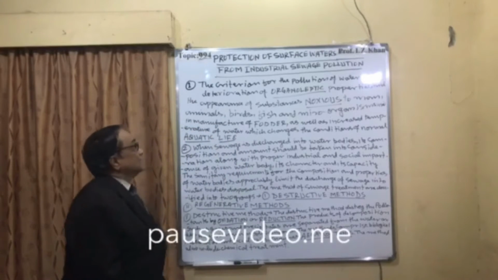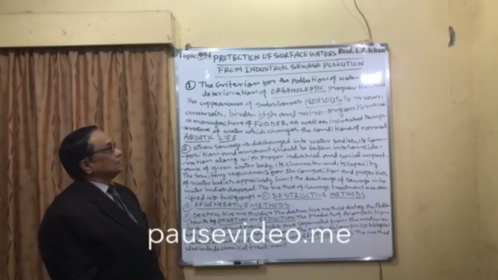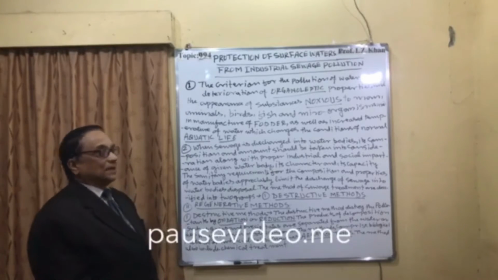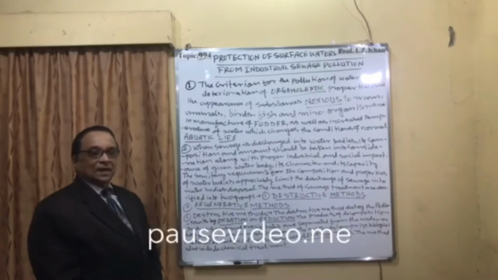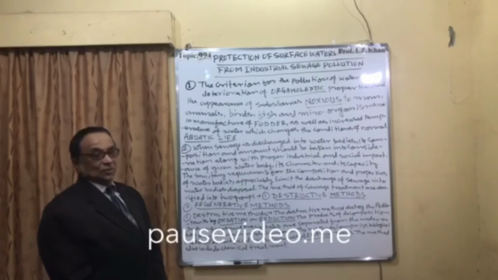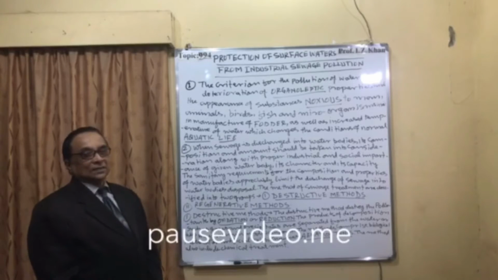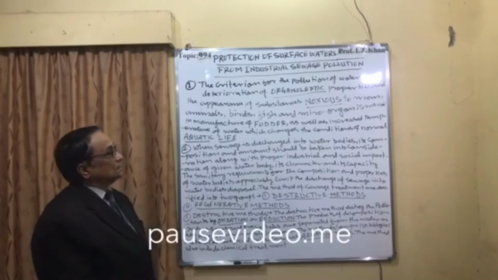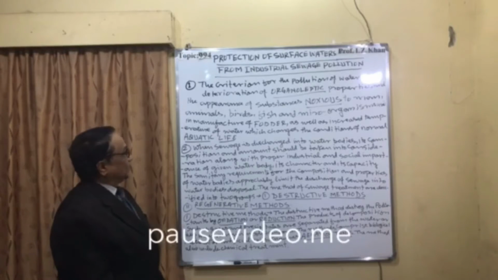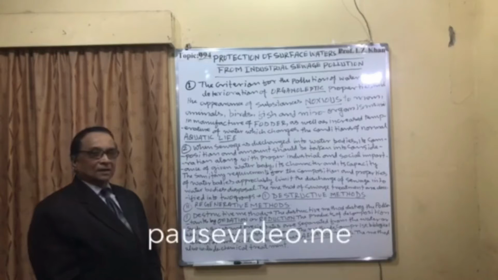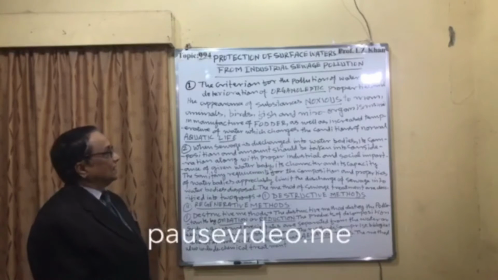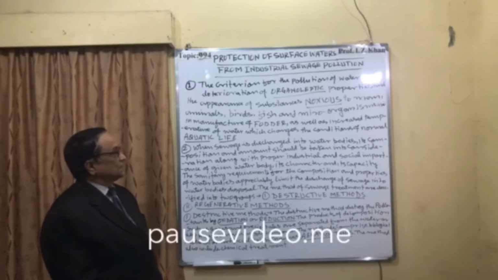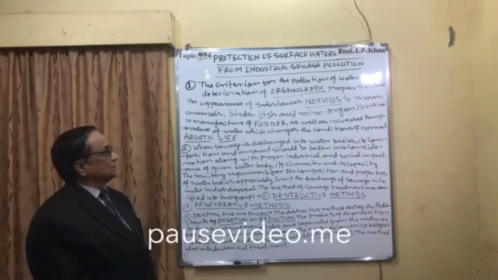Number one, the criterion for the pollution of water is the deterioration of organoleptic properties. Once the organoleptic properties of the water are deteriorated, it means it is suffering from industrial waste pollution, and the appearance of substances is totally unacceptable, and they are noxious to man, animals, birds, fish, and microorganisms.